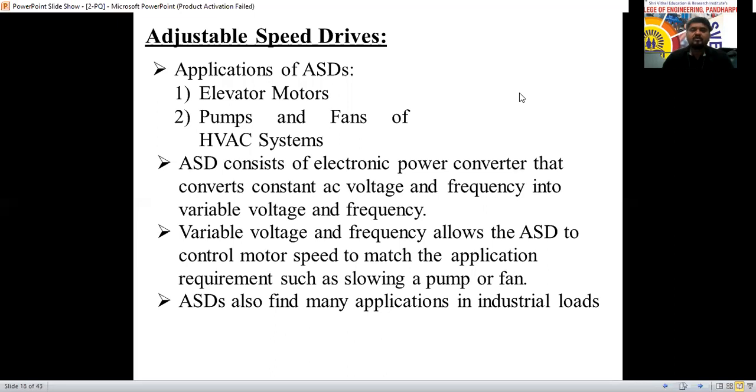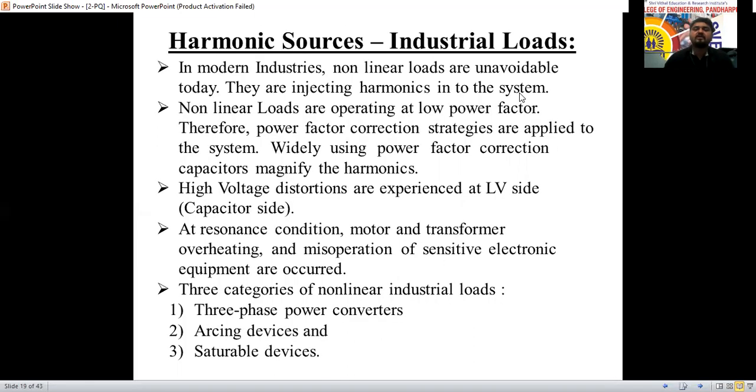So today we are going to discuss industrial loads, like the commercial loads. In industry, manufacturing plants and developing plants, some harmonics are produced here also. So what do we use on the industrial side?